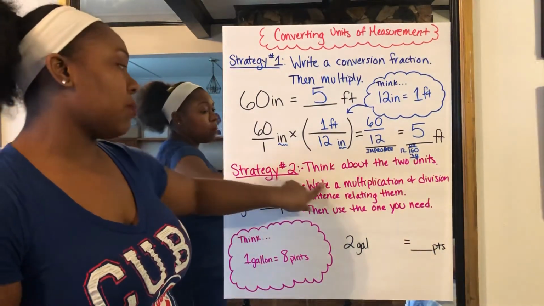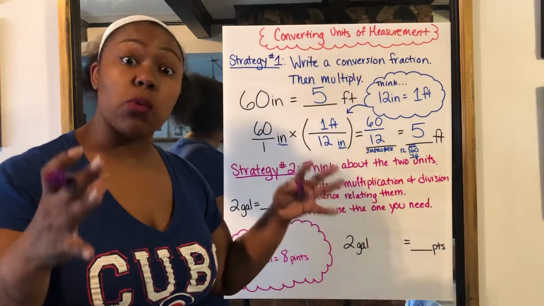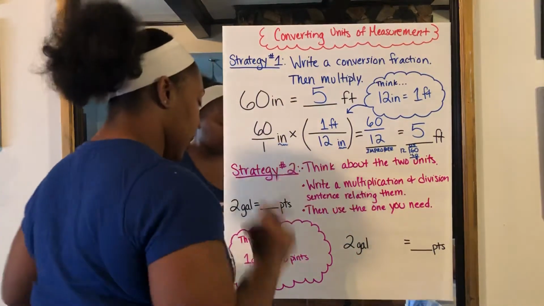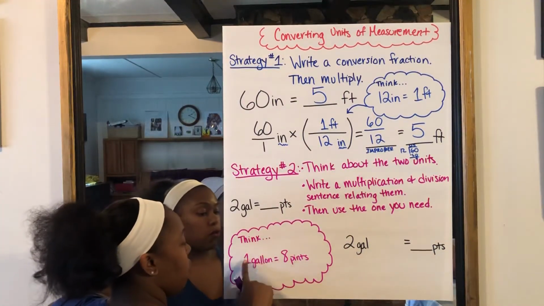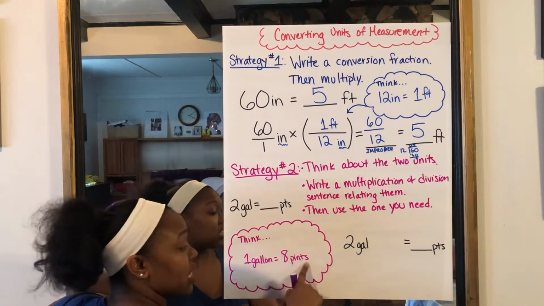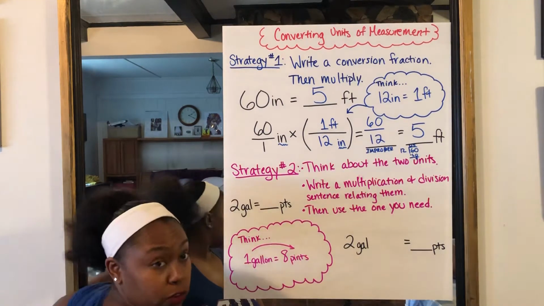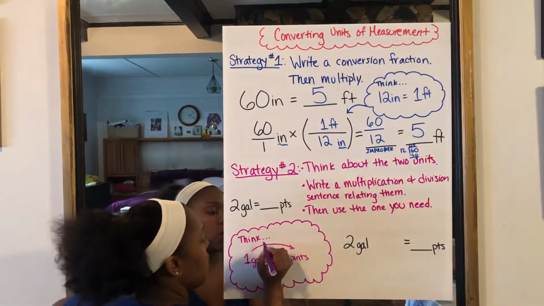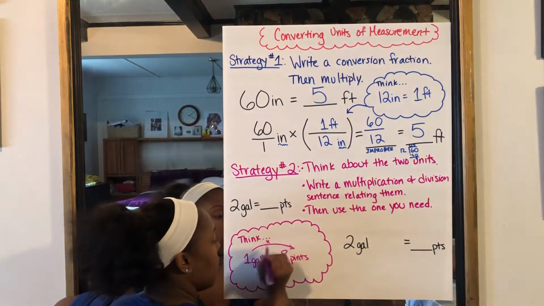Now, when I say write a multiplication and division sentence relating them, here's how we do it. Not very hard, but you gotta think about it. So when we go from the 1 to the 8, or the gallons to the pints, we're going to go bigger. So think multiplication, all right?